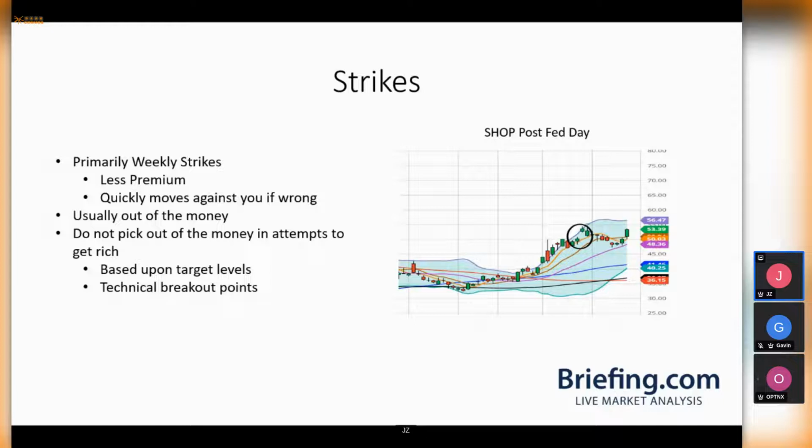For example, I wanted to point out this chart right here. That's a chart from Shopify on the last post-Fed day. If you look at that chart, where I have circled, you had a little bit of coiling action for a couple of days. The Fed came out, the high growth tech stocks were all through the roof.